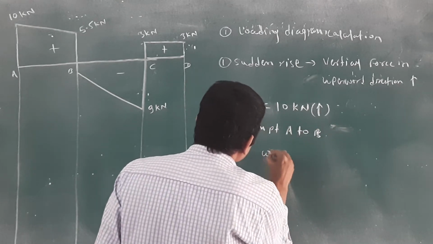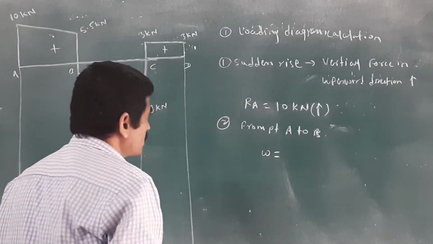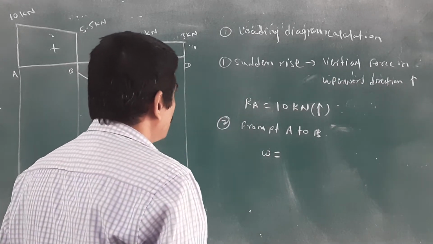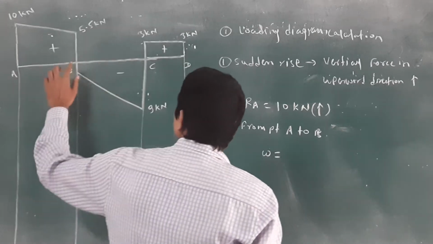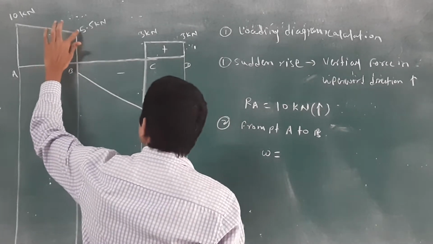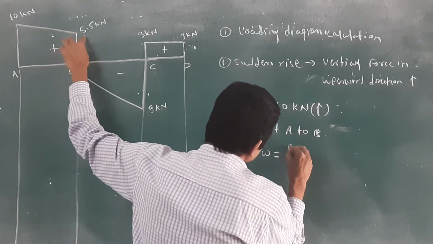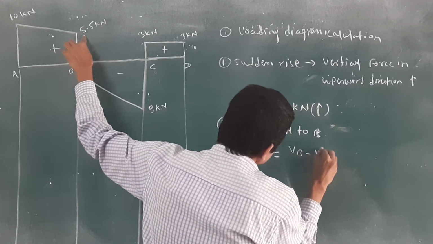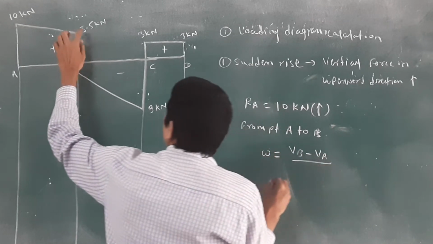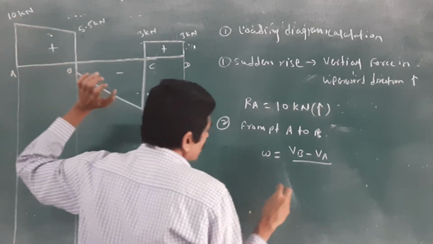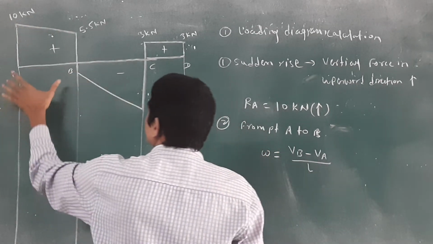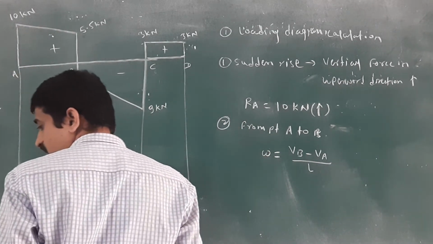Remember that W is the notation we use for the load. W is equal to, you have to check the load at point B first, PB minus PA, divided by the length.